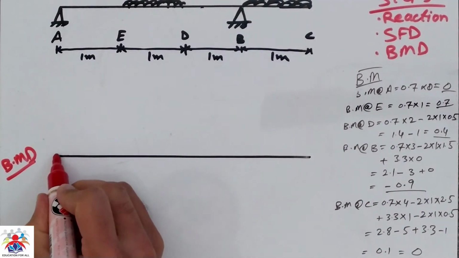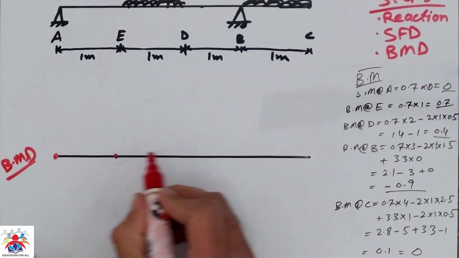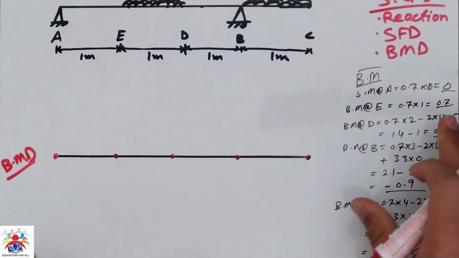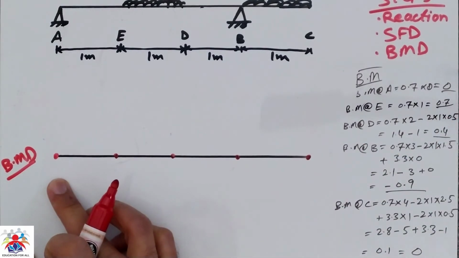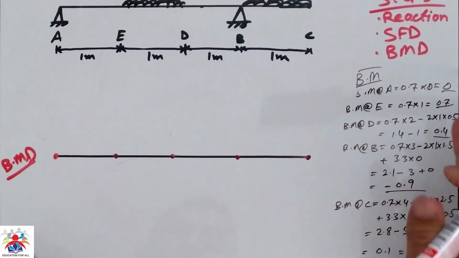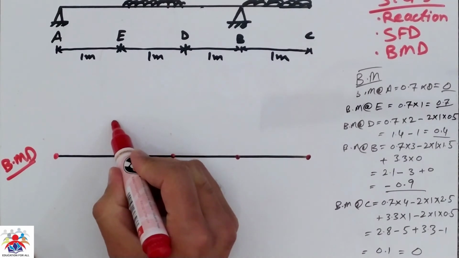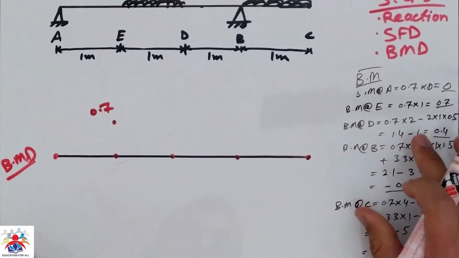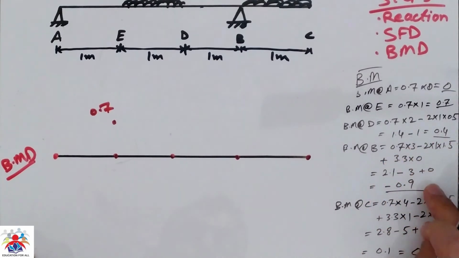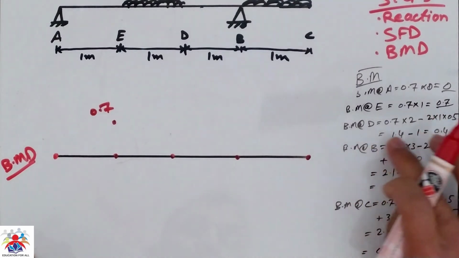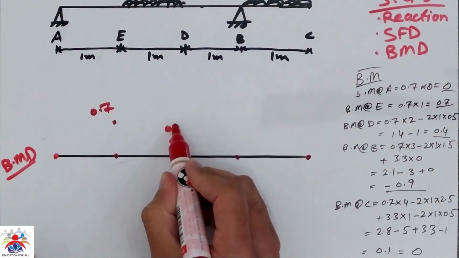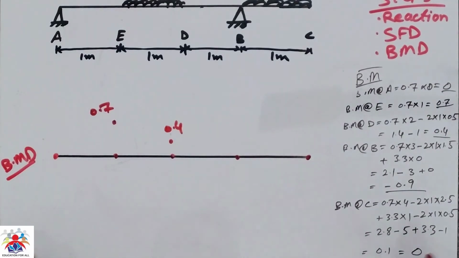So let me draw some points on it first. Okay, at point A we are 0. At point E we are 0.7. 0.7 is here somewhere. At point D we are 0.4, which I consider is here, so it's just a rough guess.